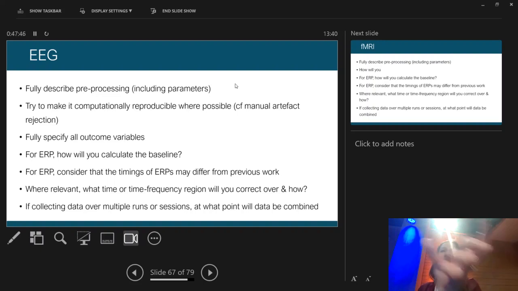So for example, I'm only interested in this period of the epoch, so I'm only going to exclude on the basis of what's going on in that epoch, plus or minus a tiny bit. Yeah, you might disagree with what I'm saying here. When I get a registered report where the person says they're going to manually do something, with EEG, I see analytic flexibility.